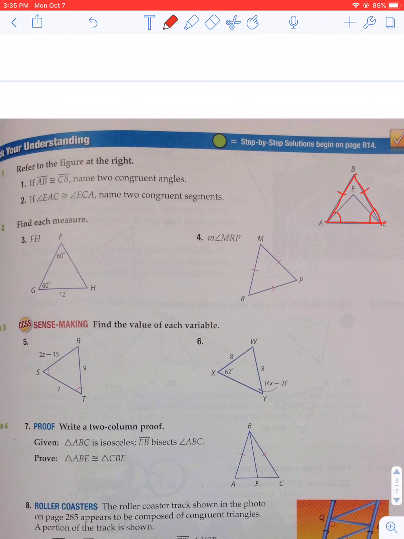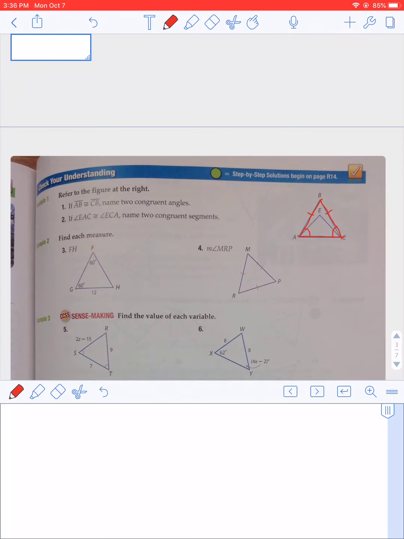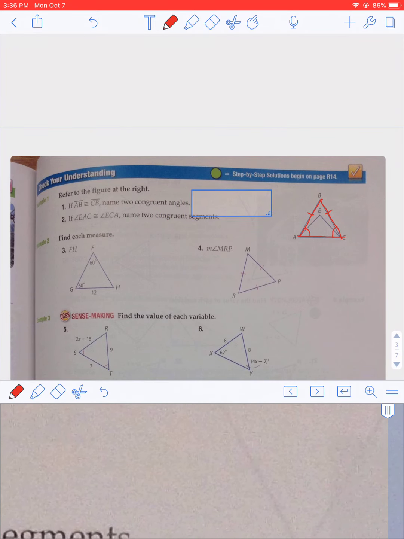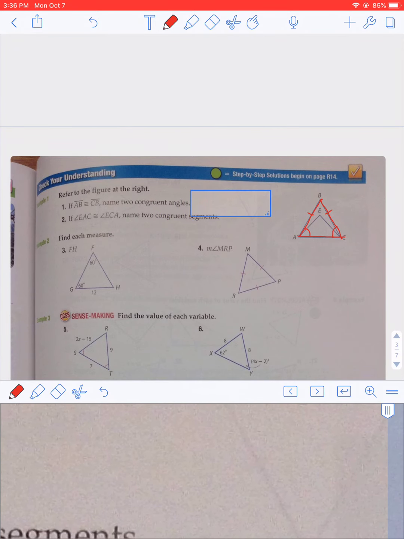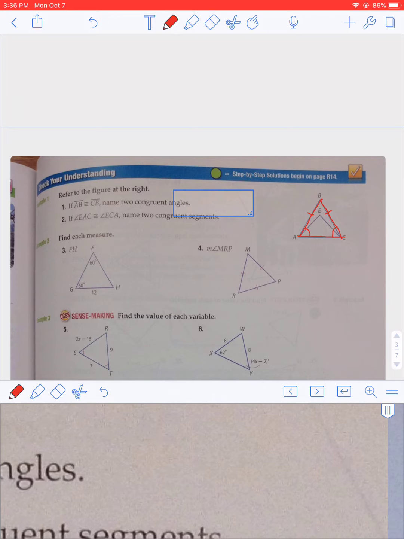I really don't care about that smaller triangle at all because they only told me something about the larger triangle's sides, okay? So we're just going to pretend that smaller triangle inside there is not even present. So our answer for this is simply going to be the 2 congruent angles, which I'm going to name angle BAC and angle BCA.